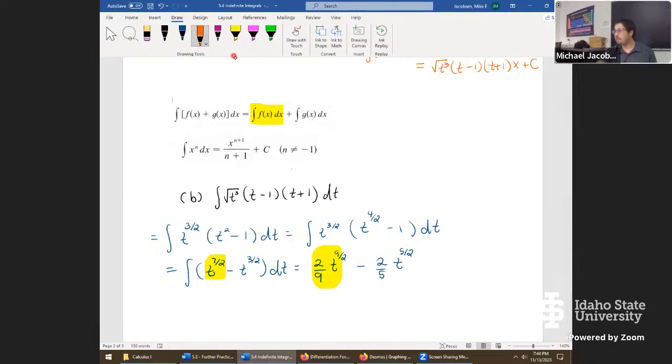The better thought is just put in the right number so that when you differentiate, they cancel off. 5/2 is coming down, we better put 2/5 in there so we get exactly t to the 3/2. Then last thing, or hang on, let me connect this thought. That's this portion of the theorem. We showed that the next antiderivative is right here. And then final step, don't let me forget this step, that's a bad one, plus a constant c.